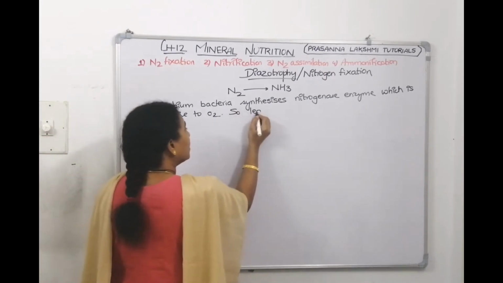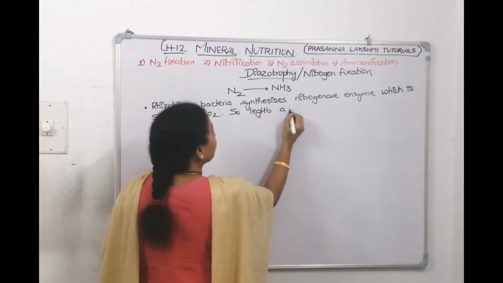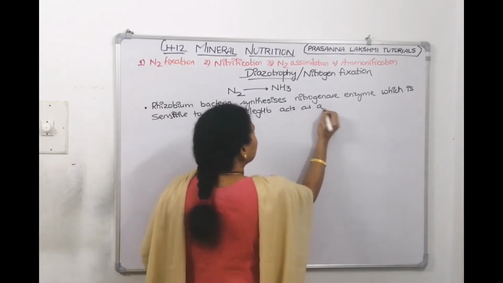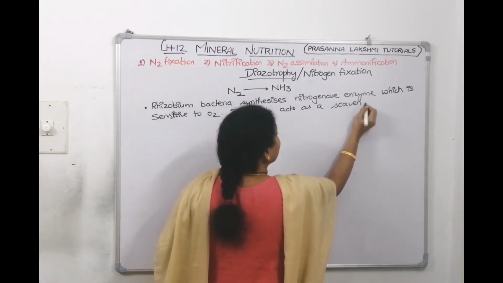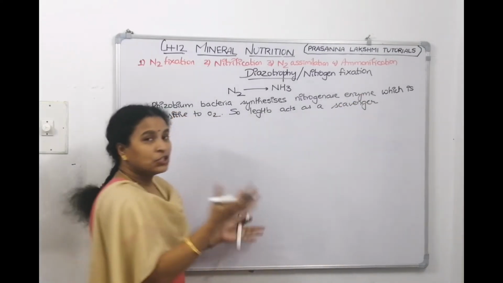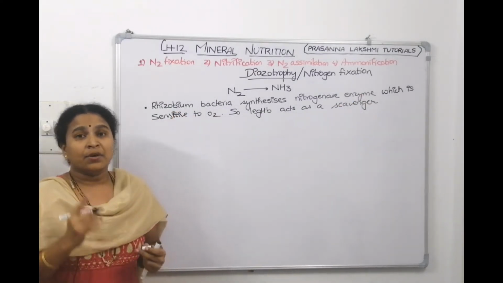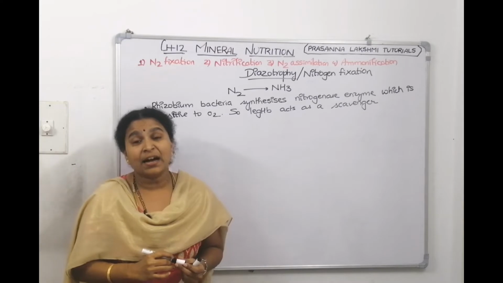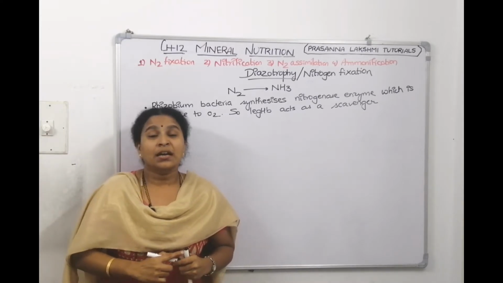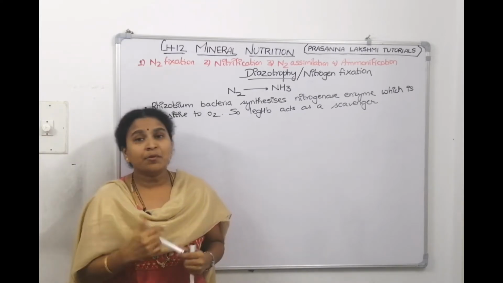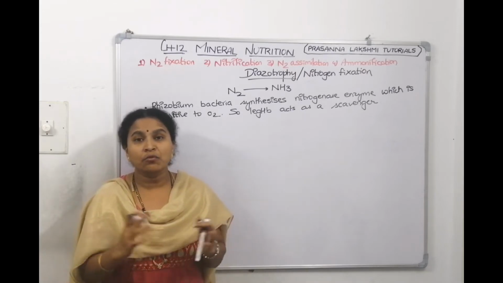So, leg hemoglobin acts as a scavenger. It traps the oxygen. Now, cyanobacteria like Frankia also will do nitrogen fixation. Now, in Frankia, leg hemoglobin is not there. Then who will remove that oxygen?